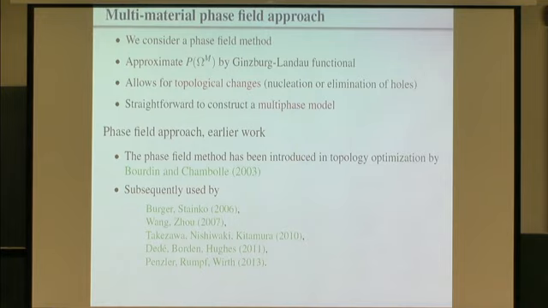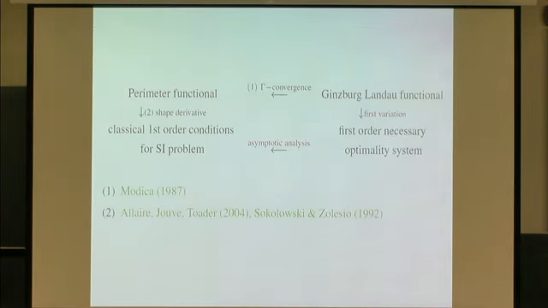I'd like to point out that Wang and Zhu looked at a multi-material phase field approach, whereas the others were just standard single material. Blank, Rupp, and Wirth looked at non-linear elasticity as opposed to the linear elasticity that we're looking at. But in general, the work consisted of just formally deriving the first order optimality conditions, but we want to have a rigorous derivation of them.